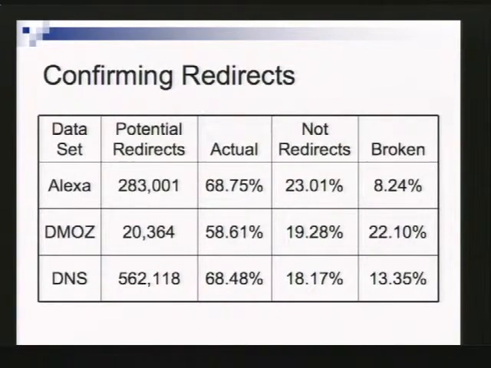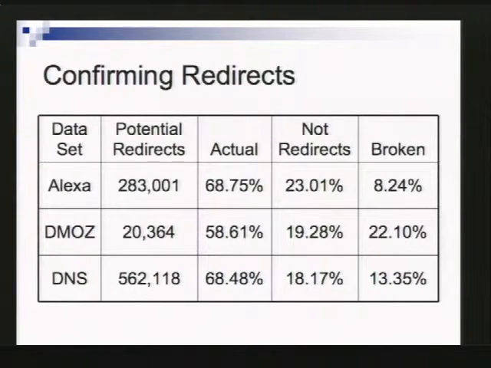It turns out that our heuristics correctly identified somewhere between 58 to 68% of the links that we thought contained a dynamic redirect. But the others were not what we thought they were. Out of these 850,000 potential redirects, two-thirds of them were actually redirects. So our heuristics are reasonable heuristics to identify a redirect.